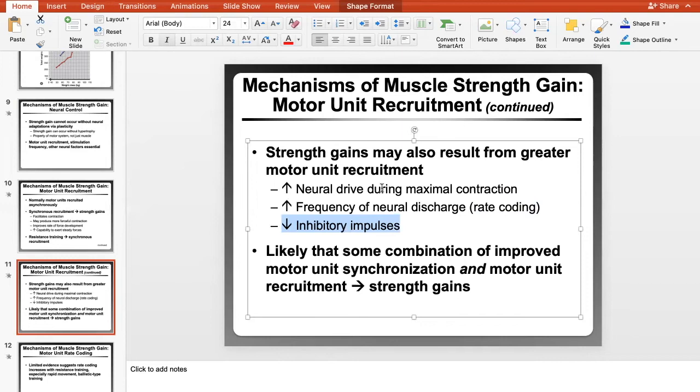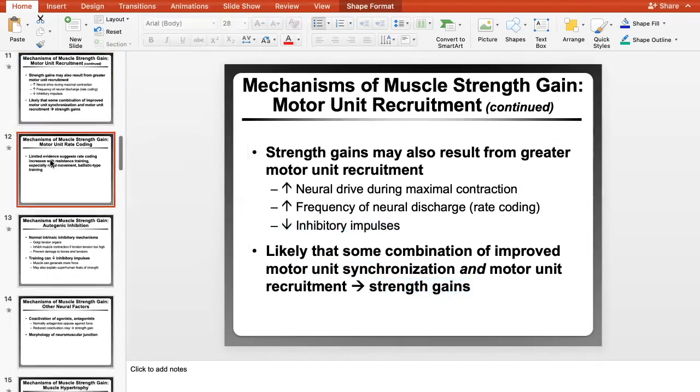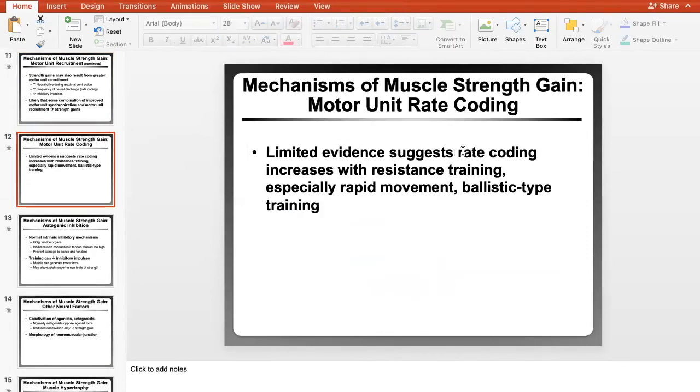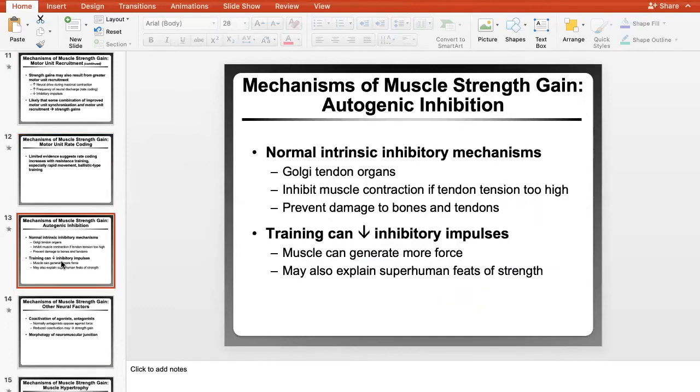All of these are neurological mechanisms that are affecting the motor unit recruitment. But for the most part, there's a combination of motor unit synchronization and recruitment that is resulting in strength gain. So a lot of this initial change is all based on the neurological changes. All right. Now, let's see where we're at.